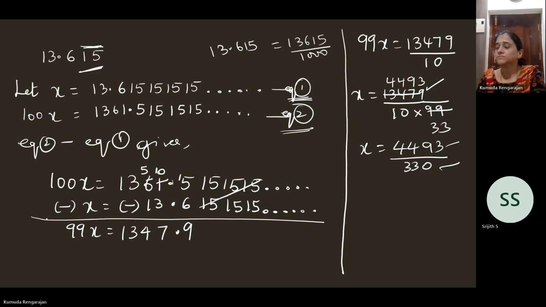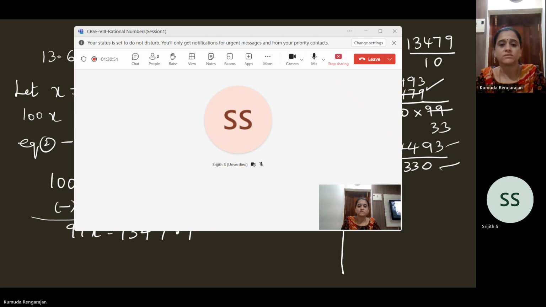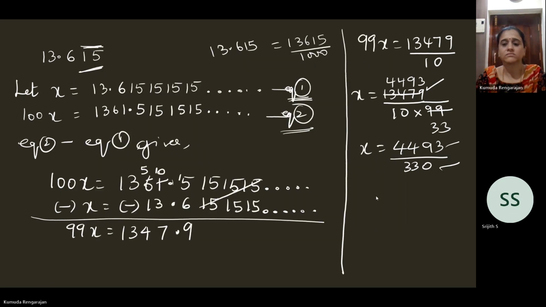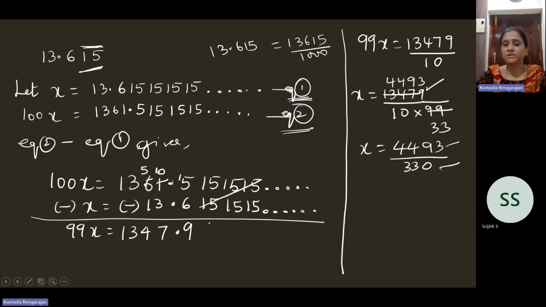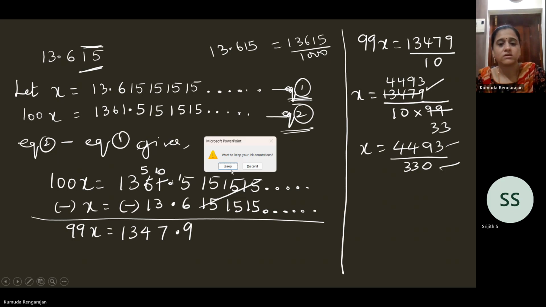Right? Yeah. So now any questions, Srijit? No, ma'am. Okay. Use a rough book. You people can do it on the last page, because we have the notes of this chapter to be completed.